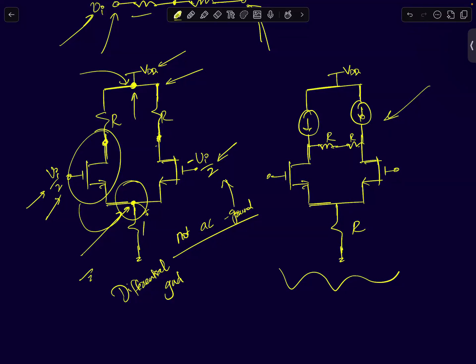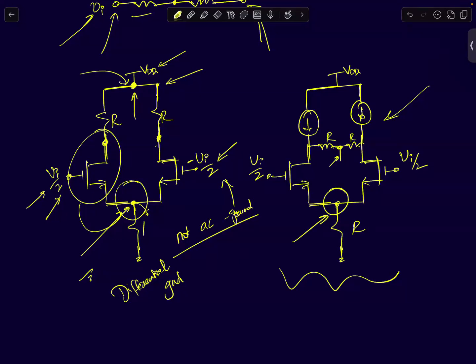If there's a differential input, how many nodes are differential grounds? Four AC grounds, two differential? Yes, differential grounds are two. This node is a differential ground, and this is also a differential ground.